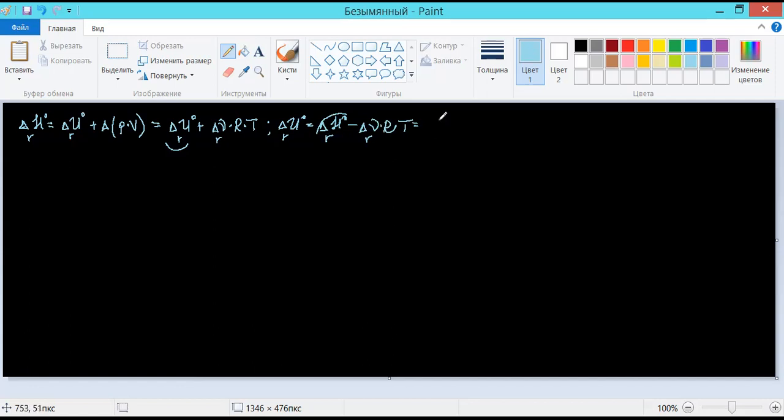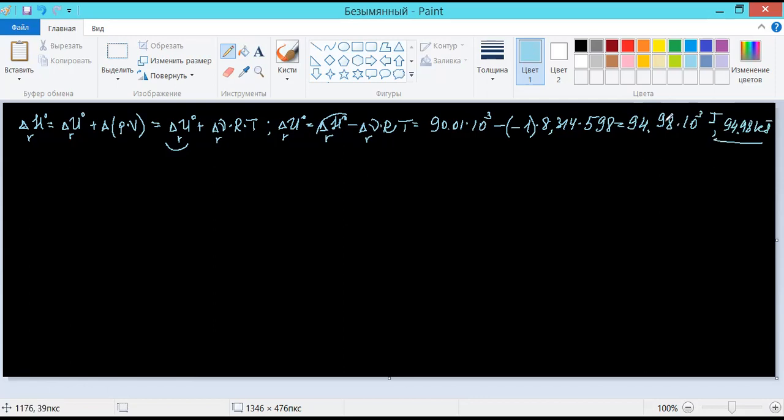So it's 90.01 times 1,000, minus delta nu with index R equals -1, and temperature is 598, and that gives us the value of the change in internal energy, 94.98 times 1,000 joules, or 94.98 kilojoules.